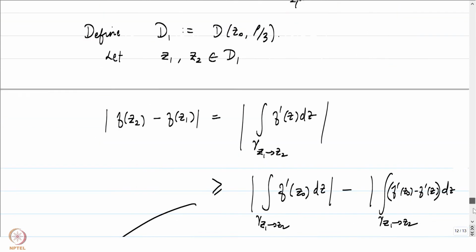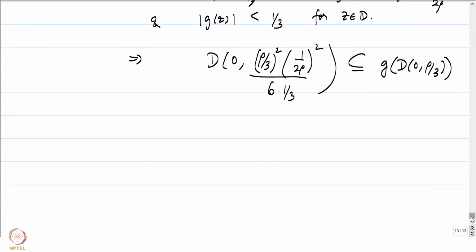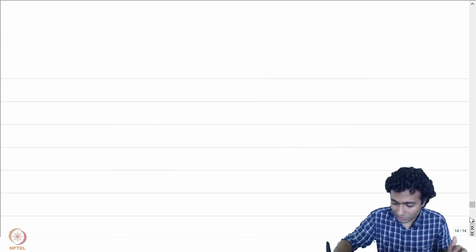Let's now go back to where we are. This is just going to be equal to r square rho square by 3 square into 2 square rho square, that's the numerator, by 6 times 1 by 3, which is 2. This is just going to be equal to 1 by 9 into 8, which is 72. And that's precisely where we are ending up. So it's actually tailor-made.